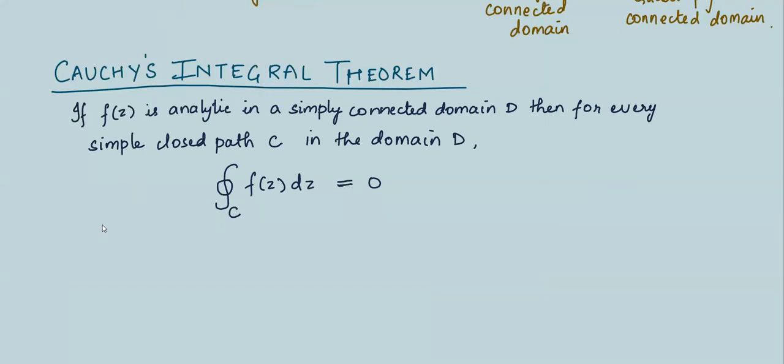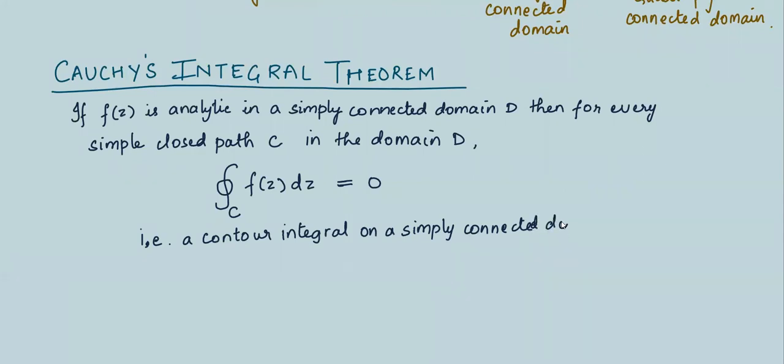So we also call this a contour integral. The contour integral on a simply connected domain is 0.